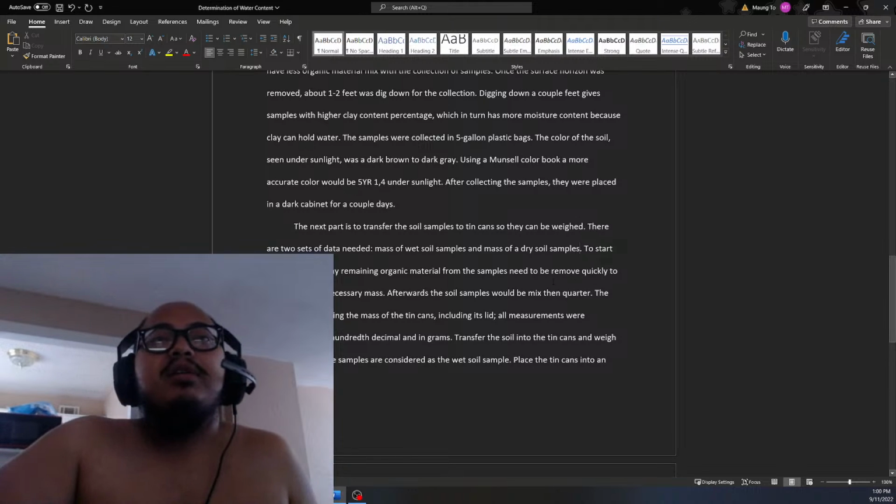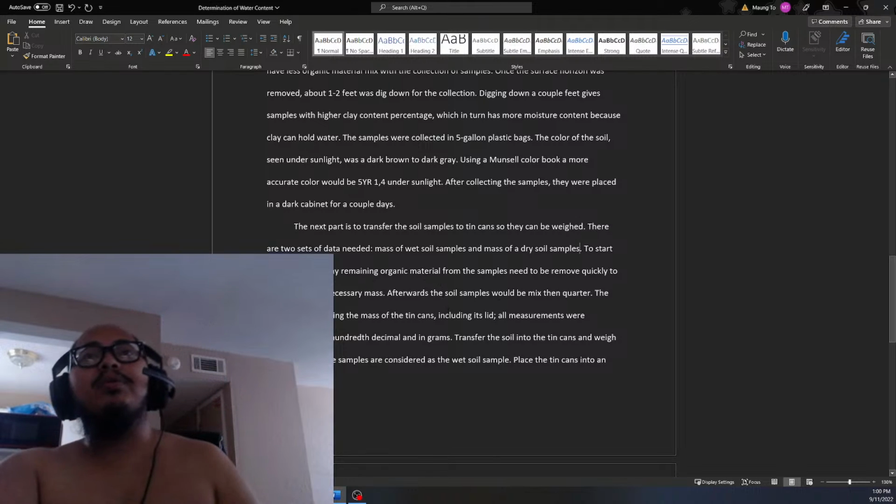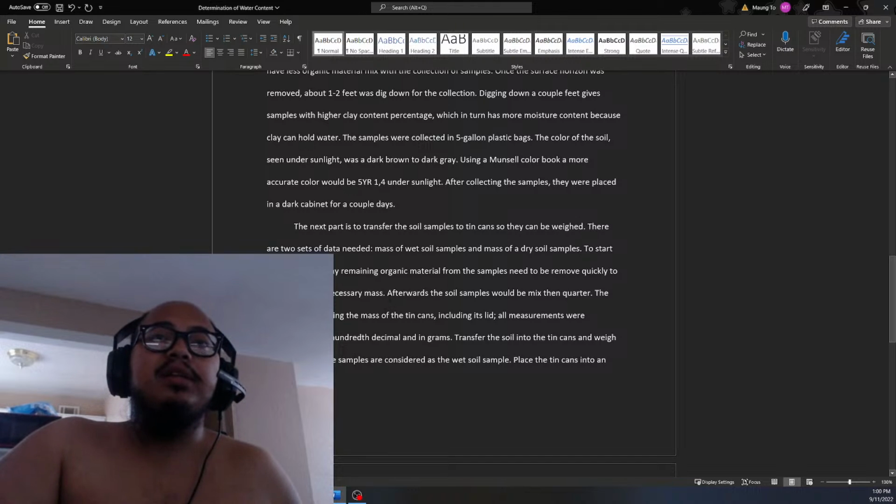To start data collection, any remaining organic material from the samples needs to be removed quickly to avoid adding unnecessary mass.